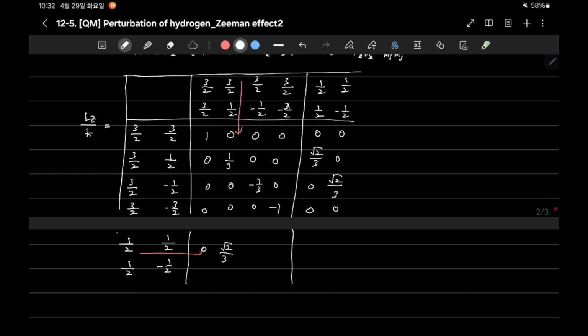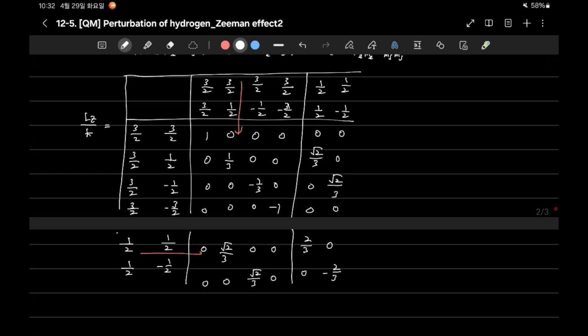And in this case, 0, 0, 0, 0, 0, square root 2/3, 0, 2/3, 0, 0, minus 1/3.